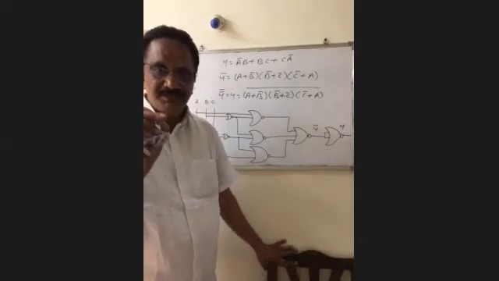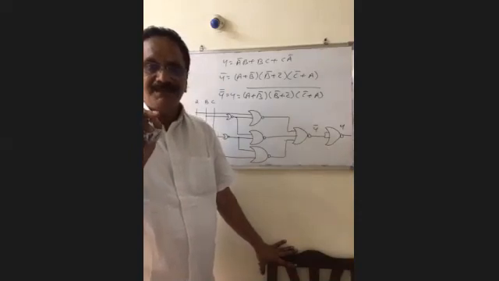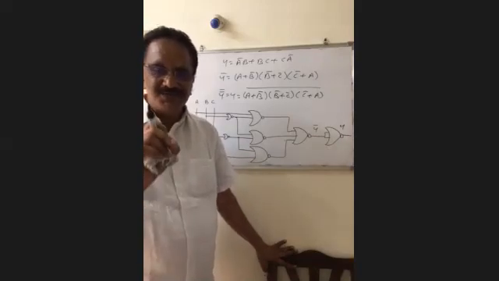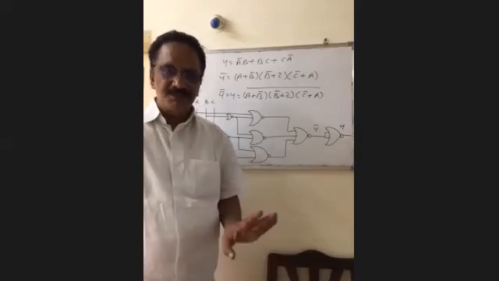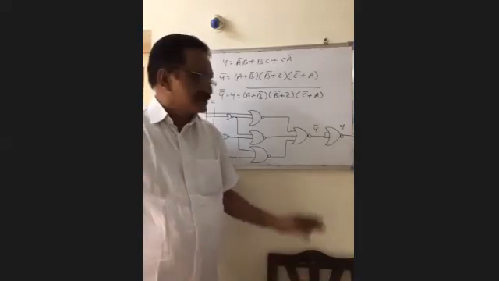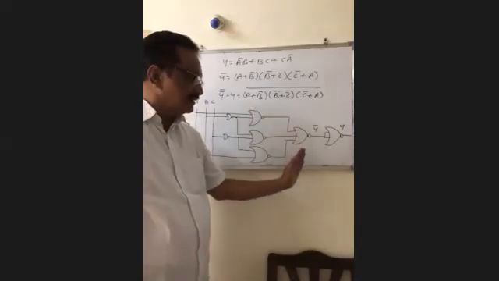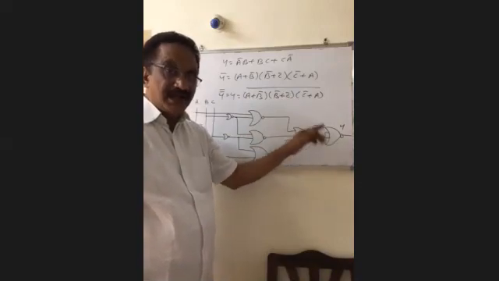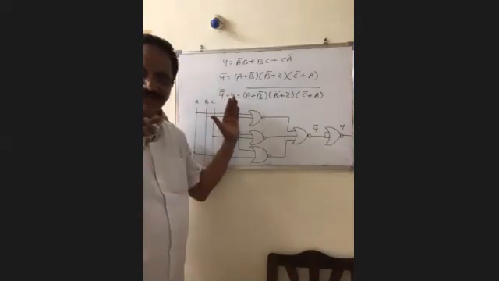One more important point is complement each input variable. Observe the procedure. First level gates are NOR gates. The second level gate is a NOR gate, and you have to connect a single input NOR gate in the third level and complement each input variable.